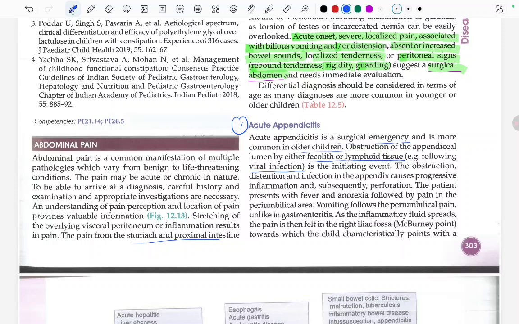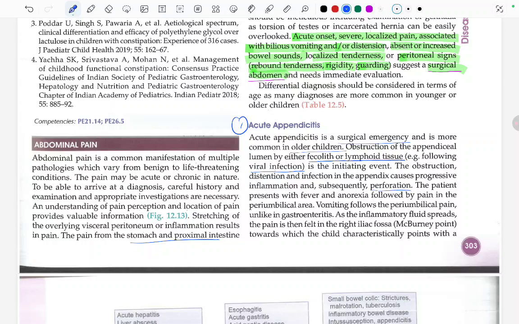What happens is the patient presents with a fever and anorexia followed by pain in the periumbilical area. So there is obstruction, we saw, of the appendix lumen, and distension and infection in the appendix cause progressive inflammation, and it can even perforate later if the inflammation progresses.